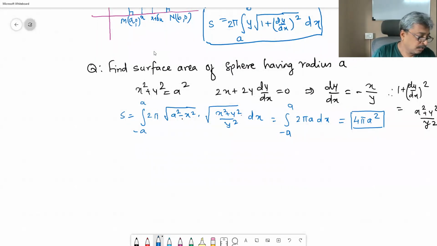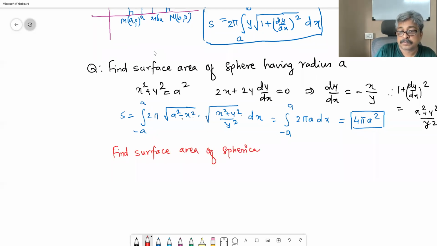Next, find surface area of spherical cap. This cap is a part of a sphere whose radius is r and the height of the cap is h.